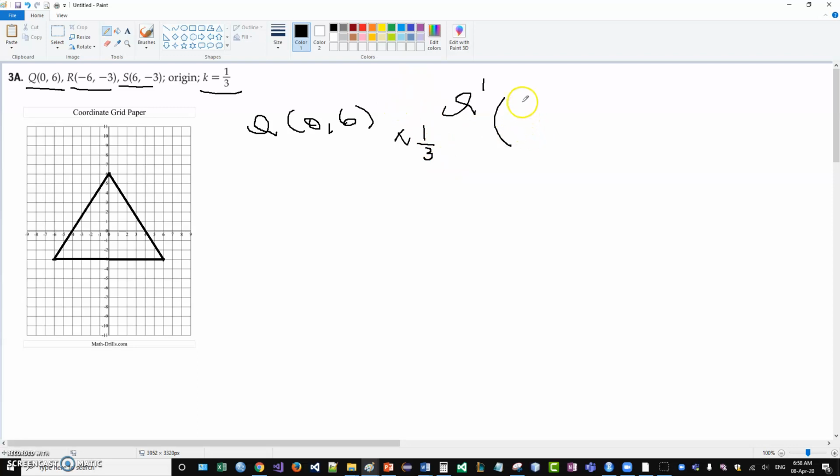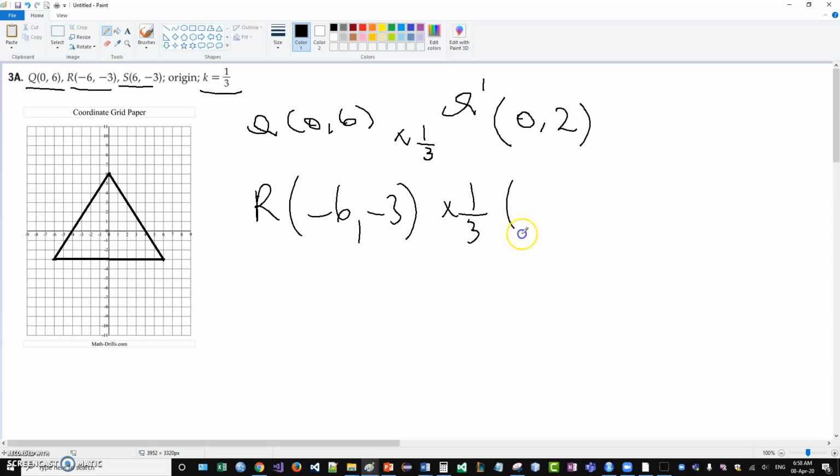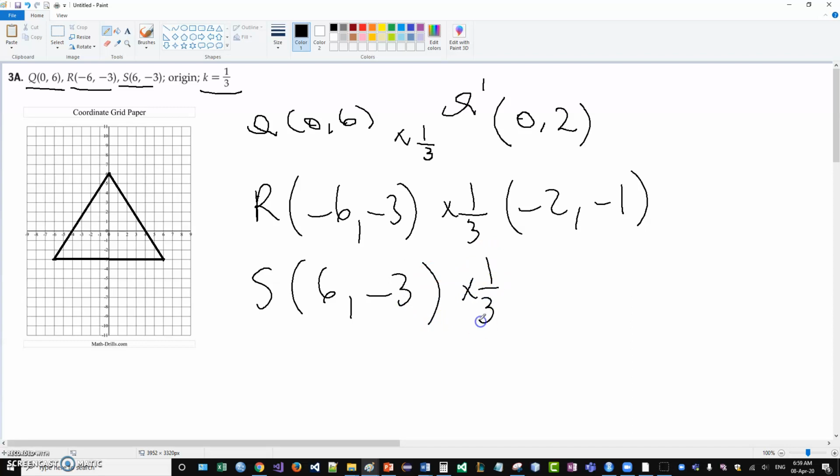So 0 times 1/3 is 0. 6 times 1/3 is 2. Now point R, minus 6, minus 3 times 1/3 is minus 2, minus 1. And then point S, 6, minus 3 times 1/3, that would be 2, minus 1.